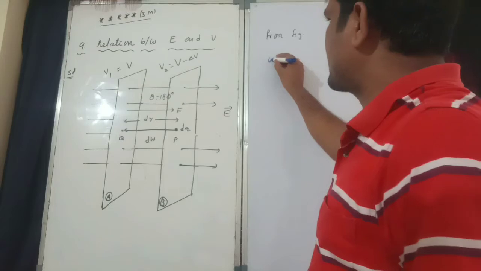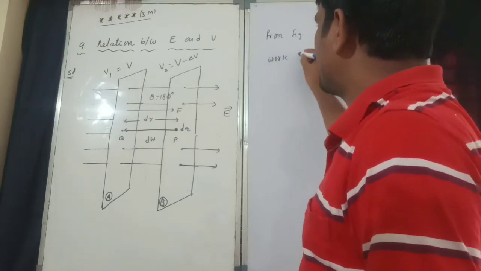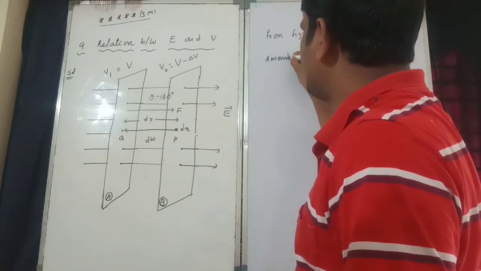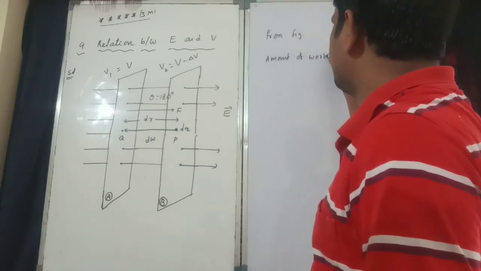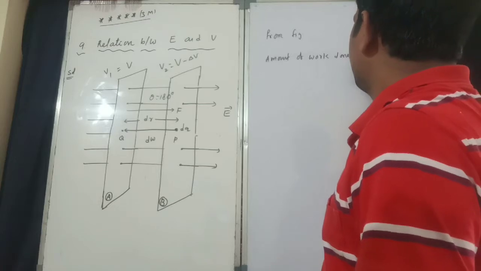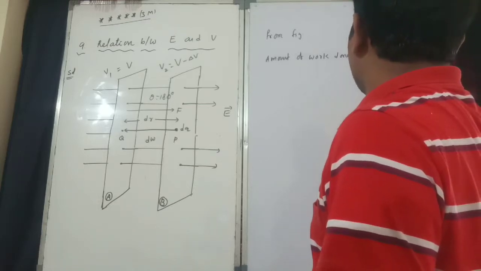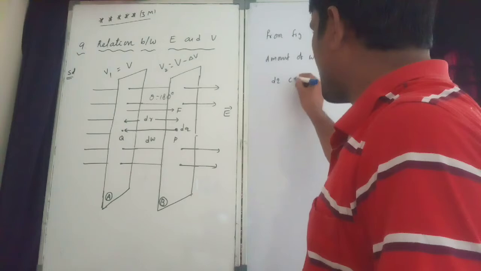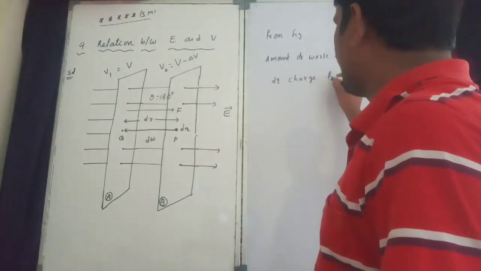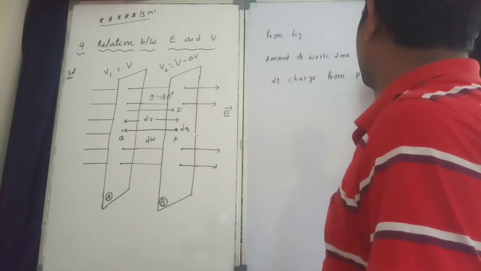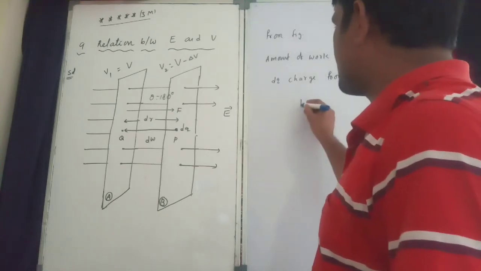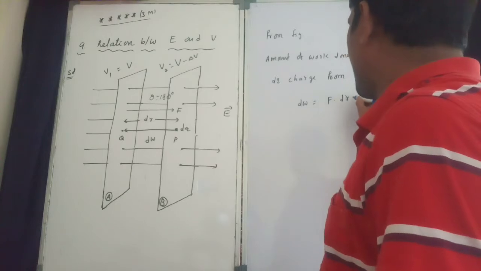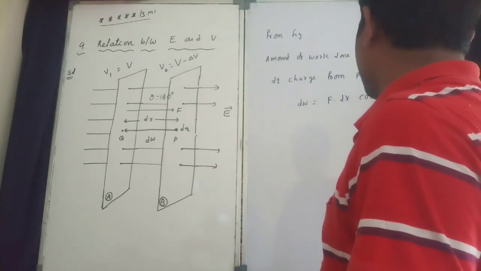The amount of work done in bringing dq charge from P to Q is dW. dW is equal to F into dr cos 180.